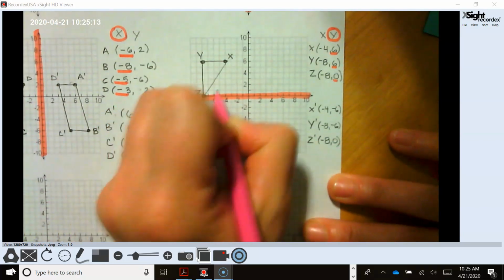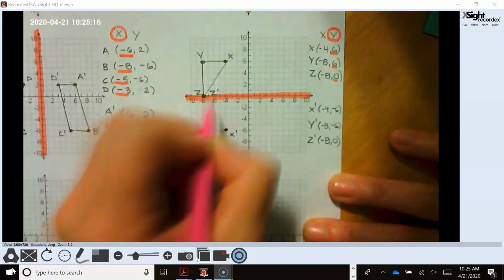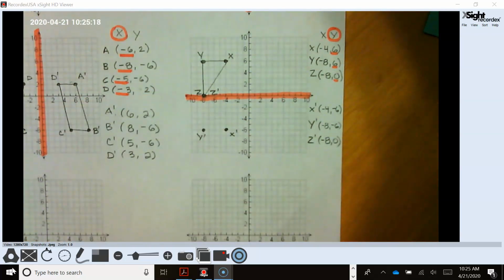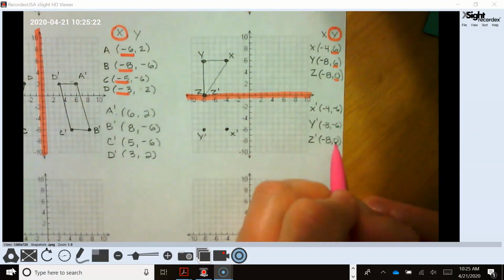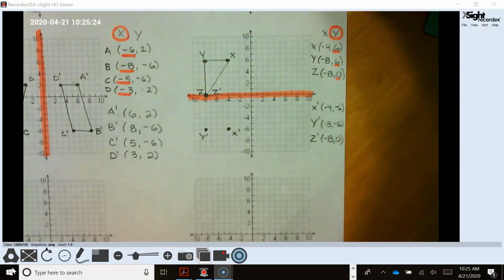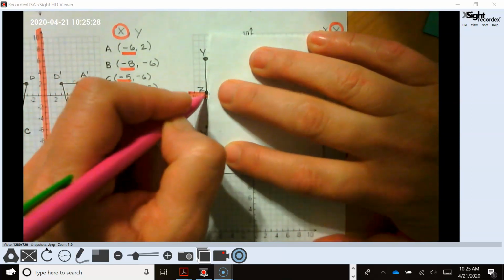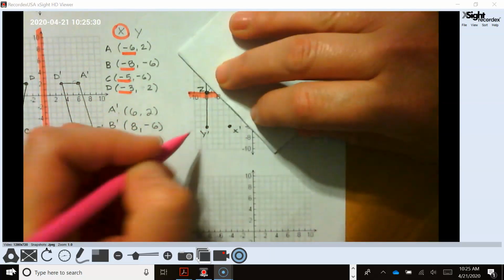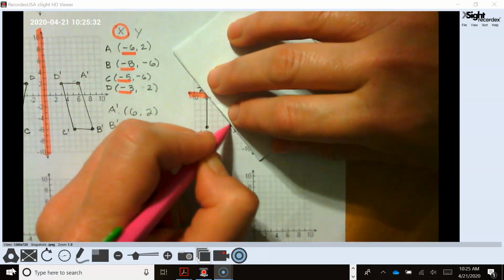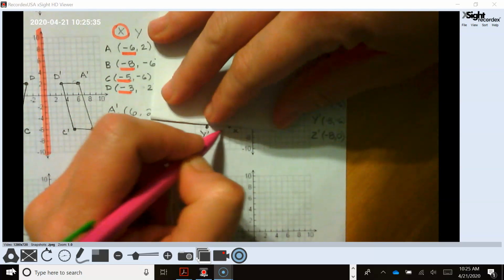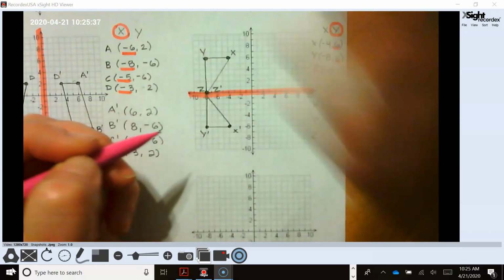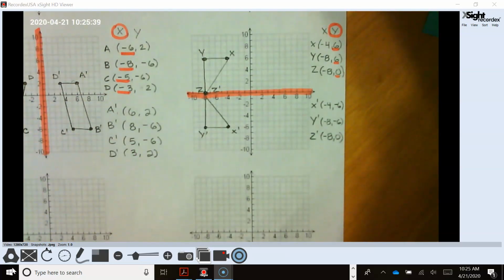And you're going to notice that Z and Z prime live in the same place. And that's okay, because 0 doesn't have an opposite. So the location of that point actually doesn't change at all. And that's just because it's on the axis. When we connect these dots, you can see the reflection of triangle XYZ.